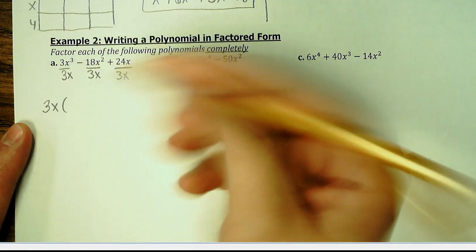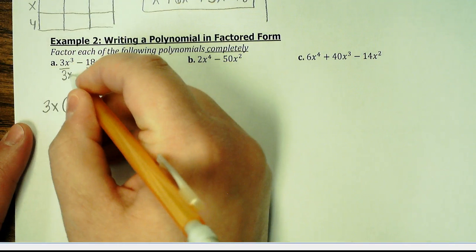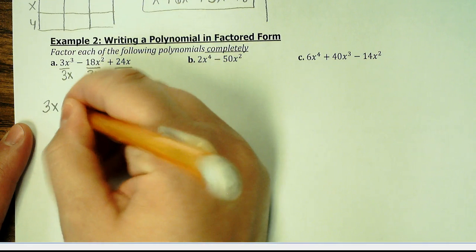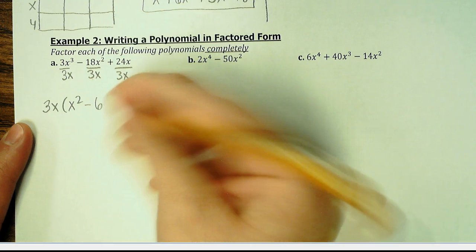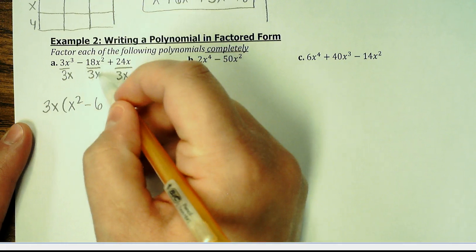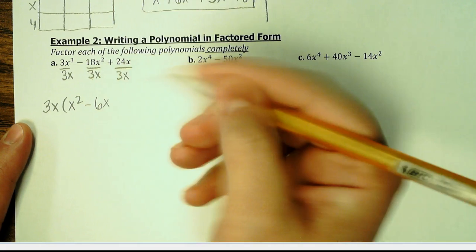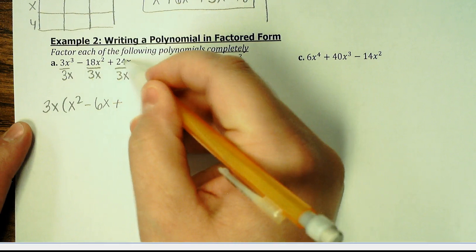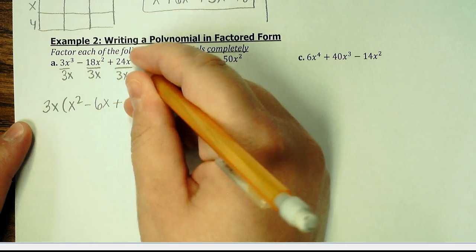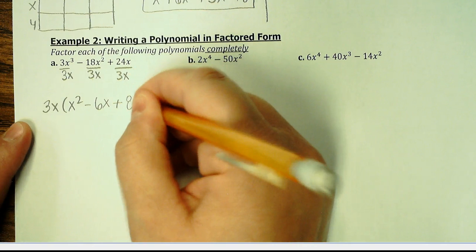Everybody's divisible by 3x. Okay, 1x comes out, so x squared is left. 18 divided by 3 is 6, and I'm going to take, this is x squared over x, so 1x would be left. And then the last term here, 24 divided by 3 is 8, and the x's would cancel out.